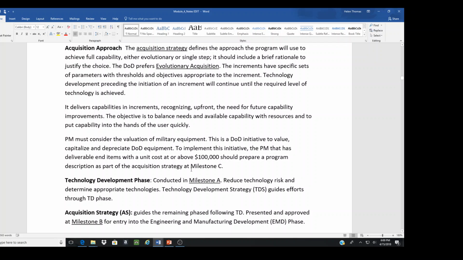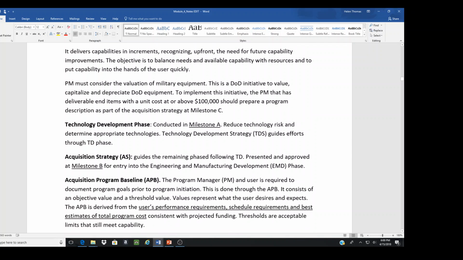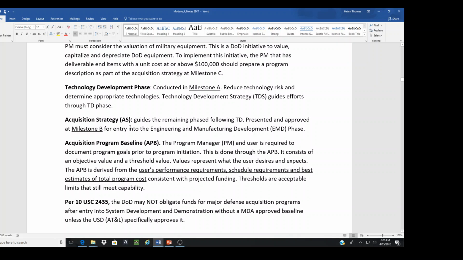And I think this is called the card. So the card is done at Milestone C. And technology development is conducted in Milestone A. The purpose of technology development is to reduce technology risk. So you have a technology development strategy which guides the effort in this phase. Then the acquisition strategy guides the remaining phase.